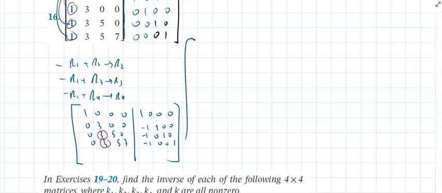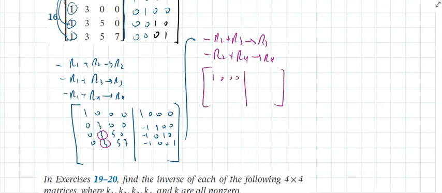make those two 0. Take negative row 2 plus row 3 in row 3, and take negative row 2 plus row 4 in row 4. And what that does, multiply this by a negative 1, I mean.